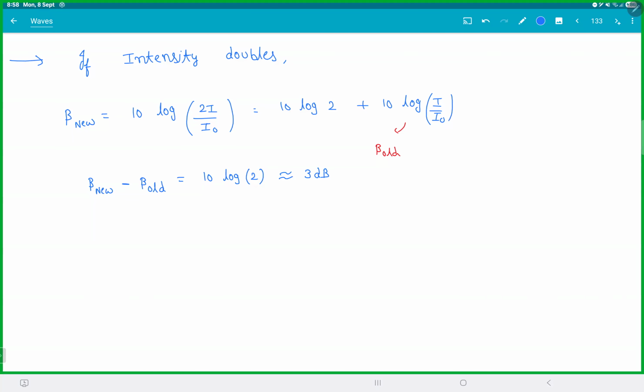Understand the implication of it. If someone comes and tells you my intensity has gone from 50 decibels to 59 decibels, people will think, oh, only 9 increase, right? And it looks like 20%. It's not. 50 to 53, it doubled. 53 to 56, it doubled. 56 to 59, it doubled. It's 2 into 2 into 2, it's 8 times. You get it? So decibels can be pretty misleading. So if intensity doubles, the change in decibels is 3. So for every 3 decibels, approximately it doubles.